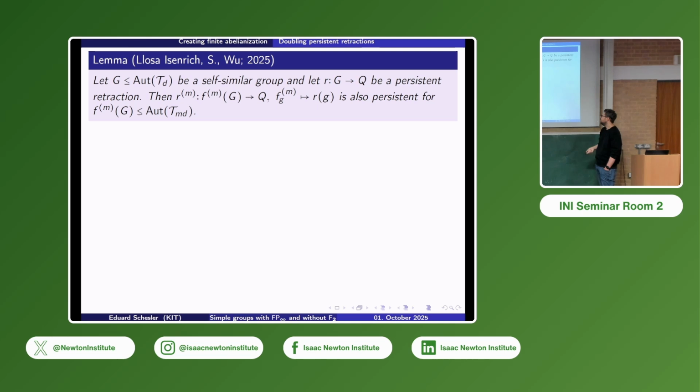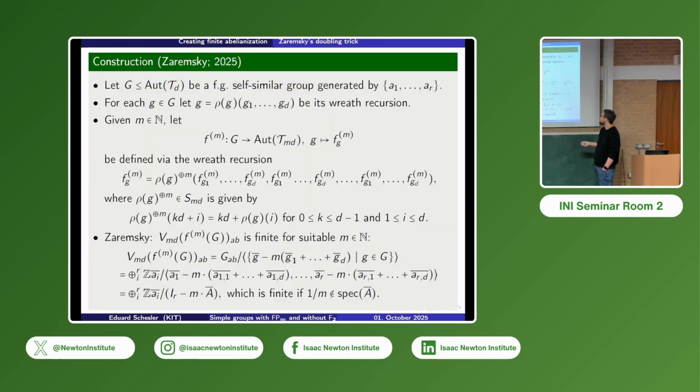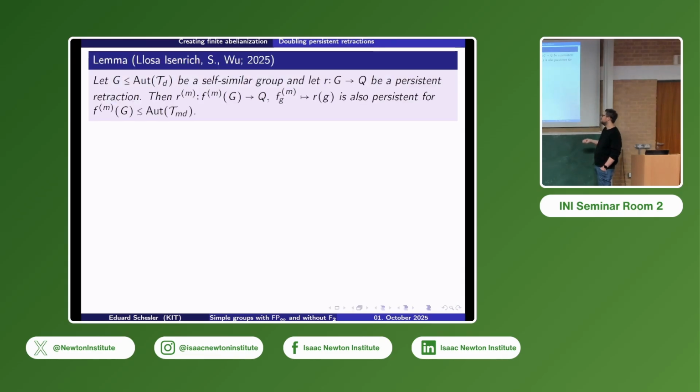So the point is now that G has this other self-similar representation with a virtually simple Röver-Nekrashevych group, and now his trick can be combined with persistent retracts to give rise to self-similar groups that still have the persistent retracts, but now with the extra property that the corresponding Röver-Nekrashevych group is virtually simple.